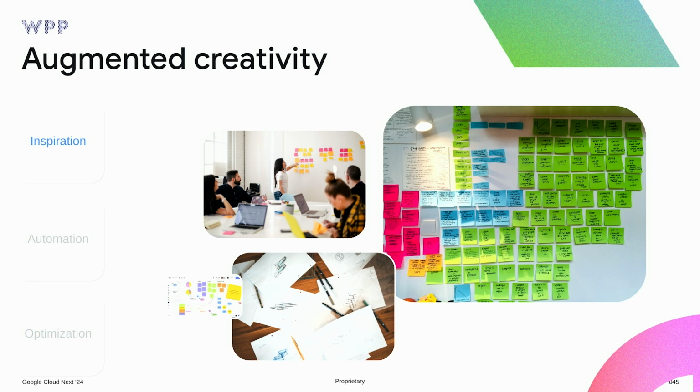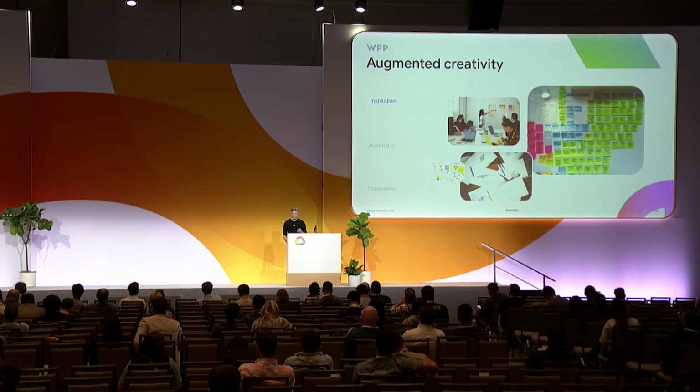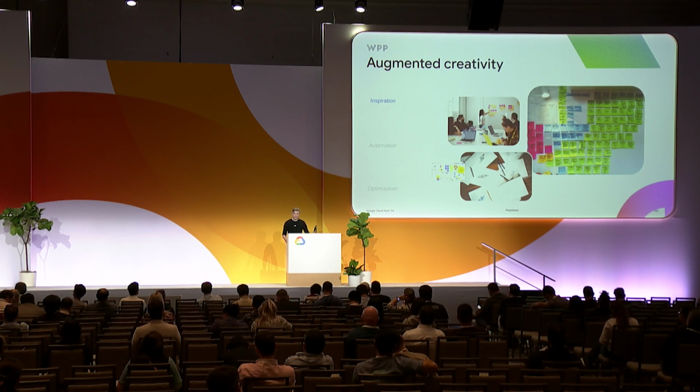So the first is augmented creativity in the inspiration phase. This is where our creative agencies come up with the key idea. We respond to a brief from a client that's usually driven around a specific product and a KPI, and we come up with a creative concept. So it's a very creative modality here.